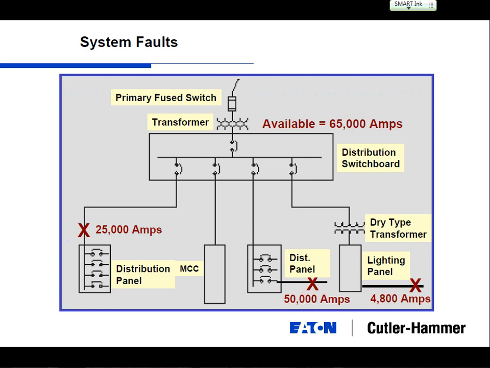Another thing we can do is add transformers into the circuit. If you've got 480 volts coming in and you're just way too high, you can put in a transformer with a smaller kVA rating that is going to inherently lower the fault current on the secondary of that transformer.